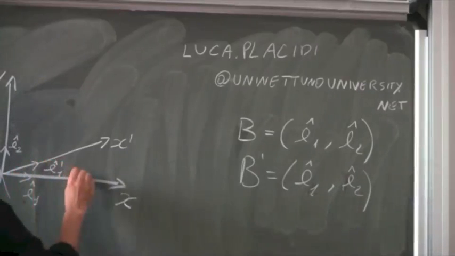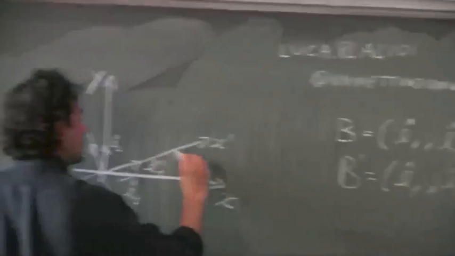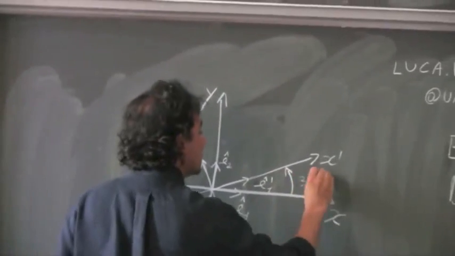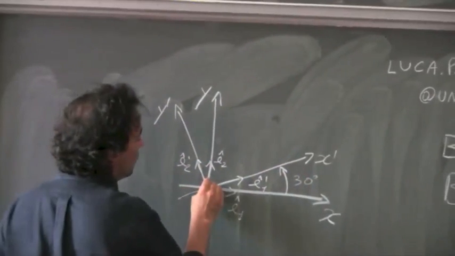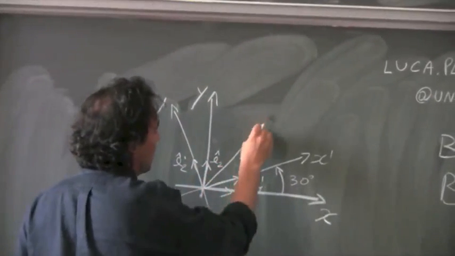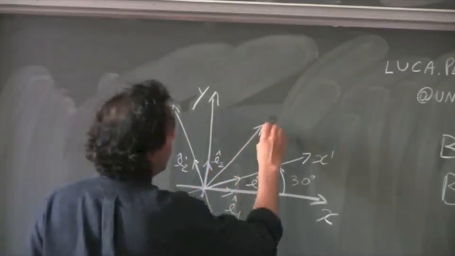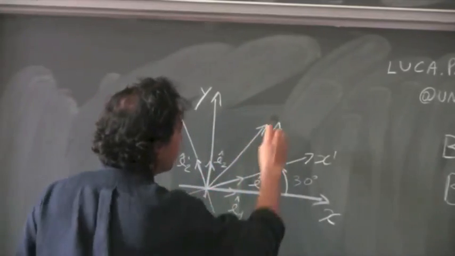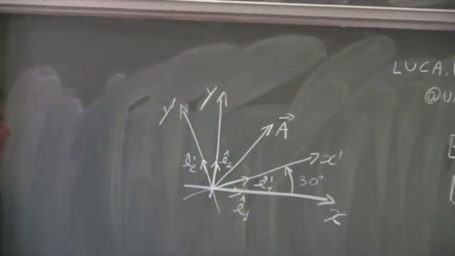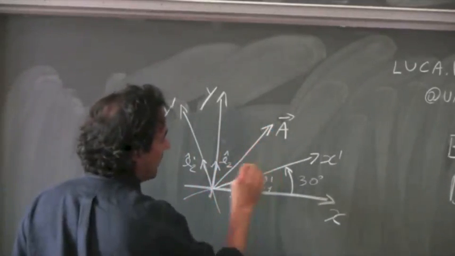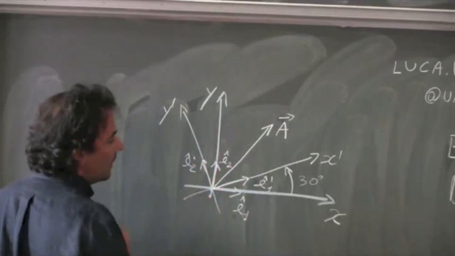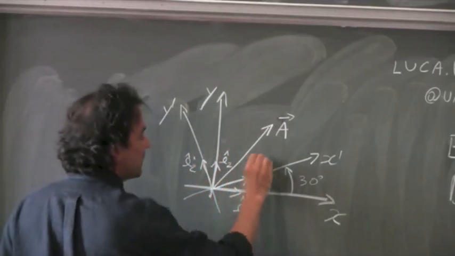Let us assume now that this angle is 30 degrees, and we want to represent a vector A that is defined in this frame of reference in this way.